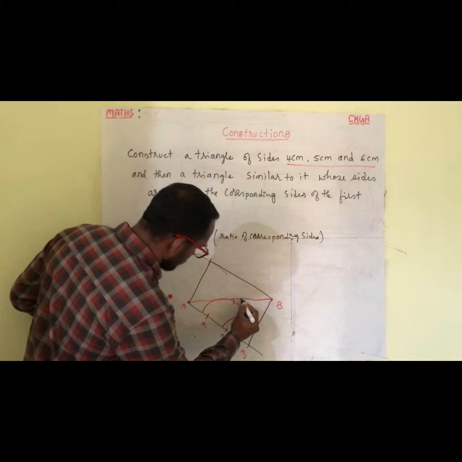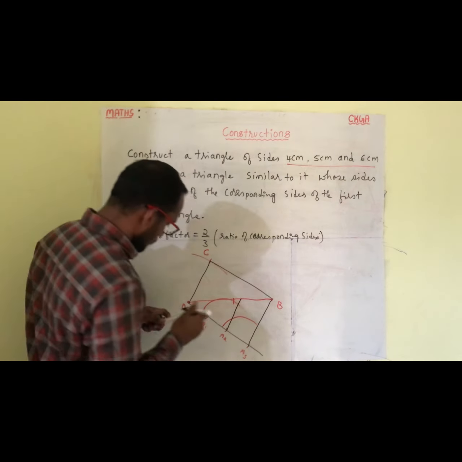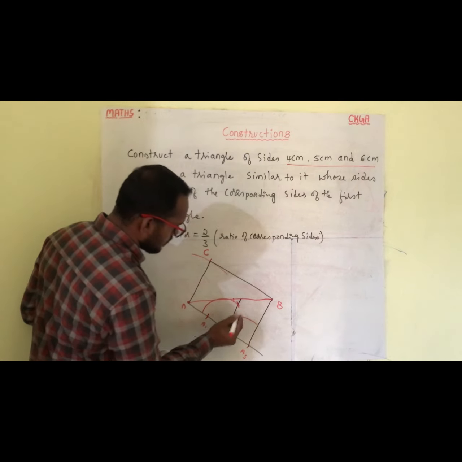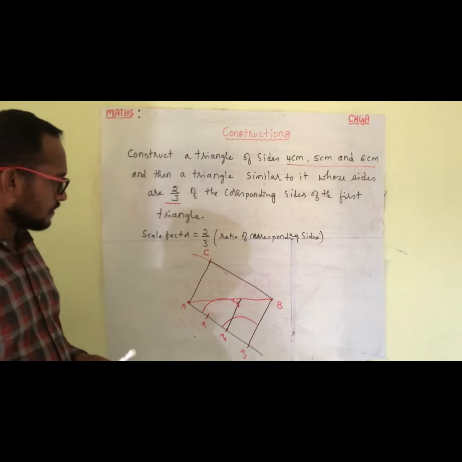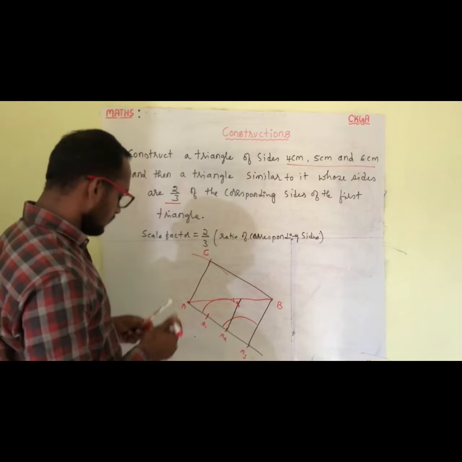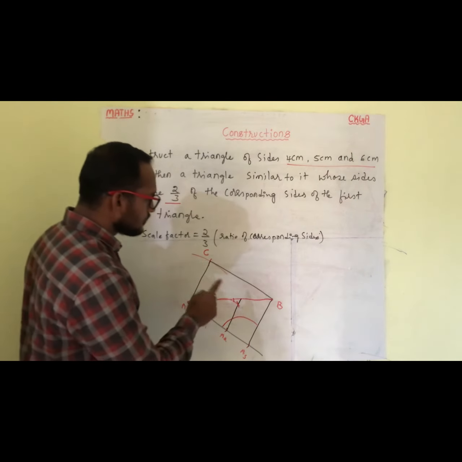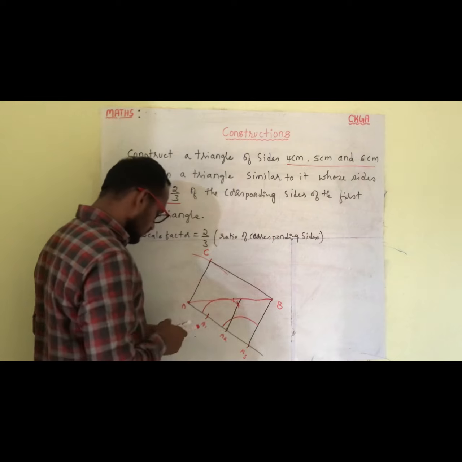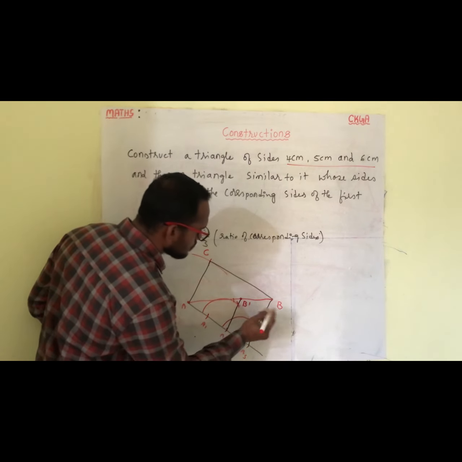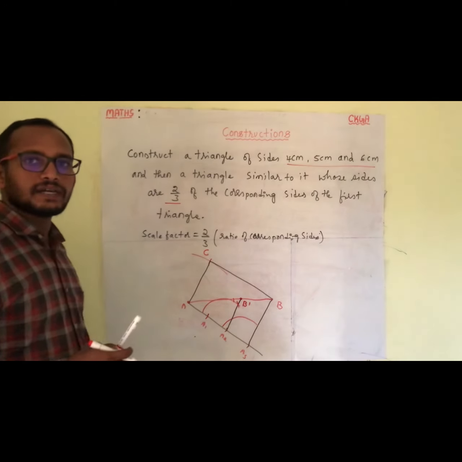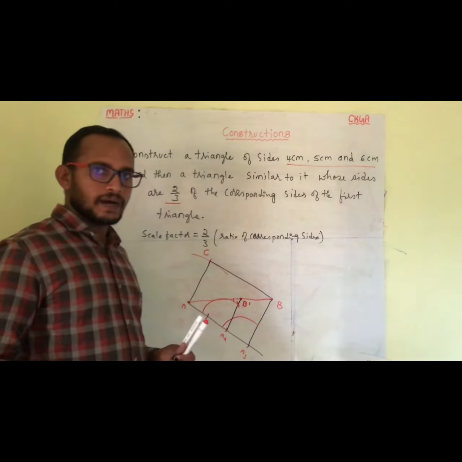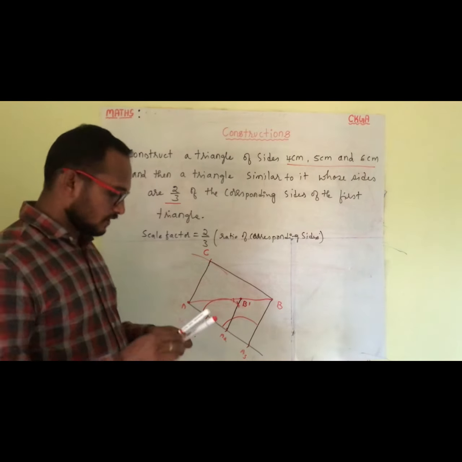Somewhere I missed it, so I am balancing, because I need to get a parallel line. So at A2 you just draw the parallel line. After that, again do the same thing from this point. You call this point B dash, since you have taken B here. Now at B dash, draw another parallel line using the same strategy.